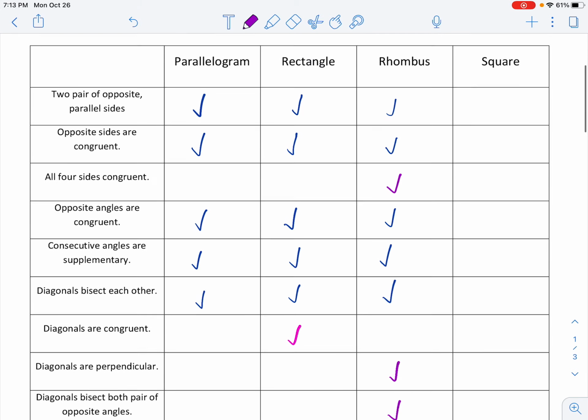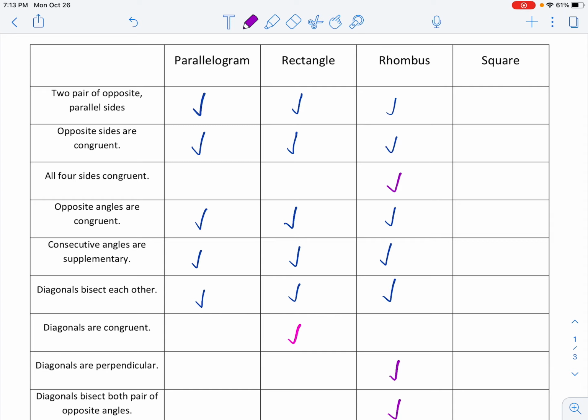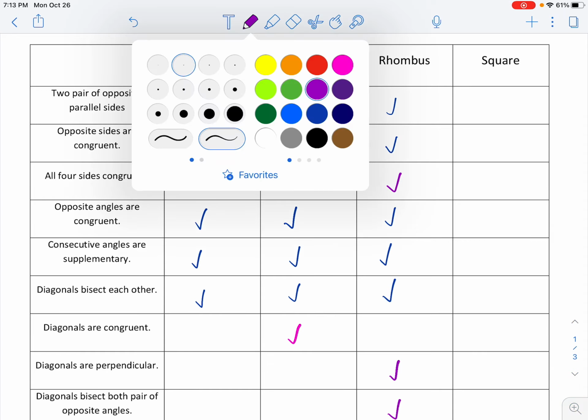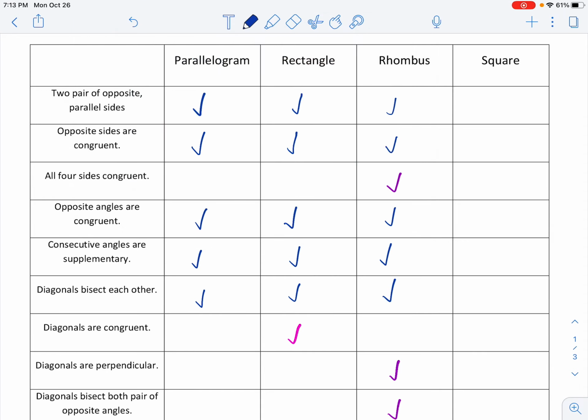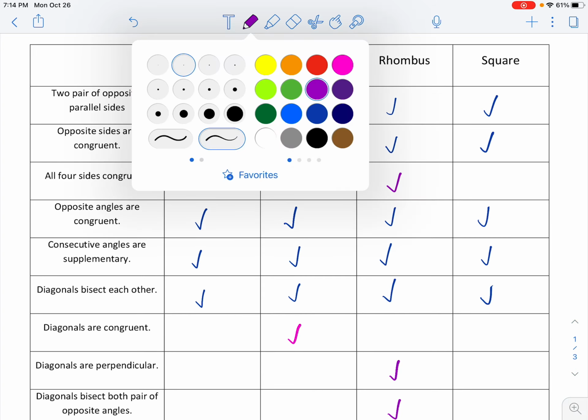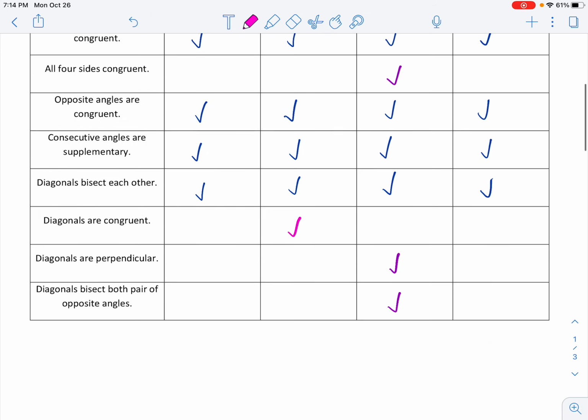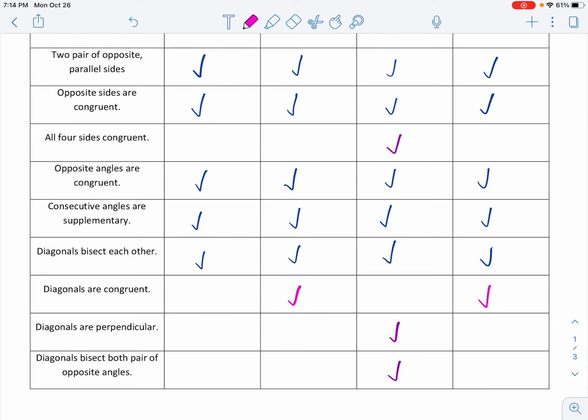Now let's look at the last one, the square. We know that a square is a parallelogram, so it is going to have all those same blue parallelogram properties. We also know that a square is a rectangle. So it's going to have that same pink property as the rectangle.